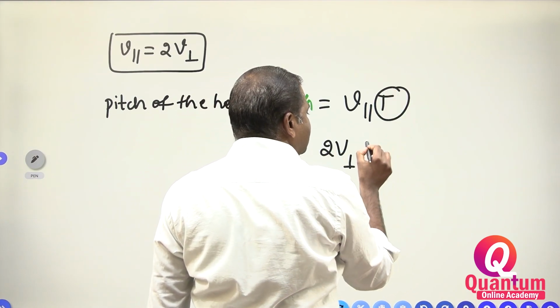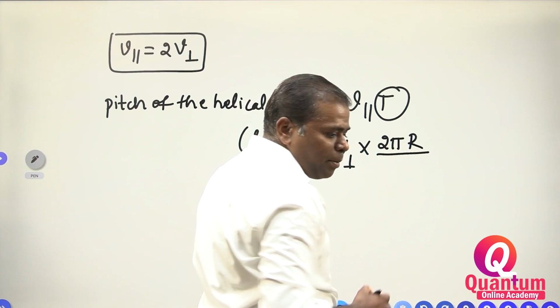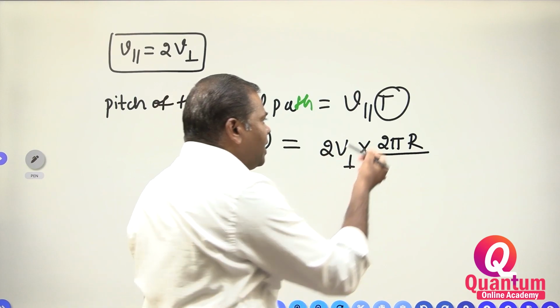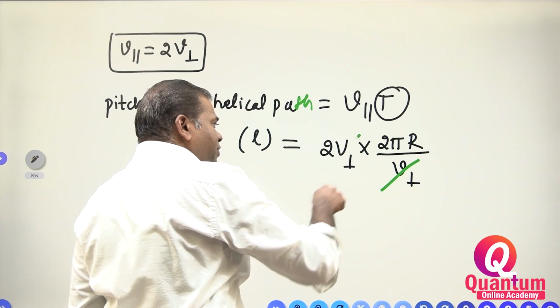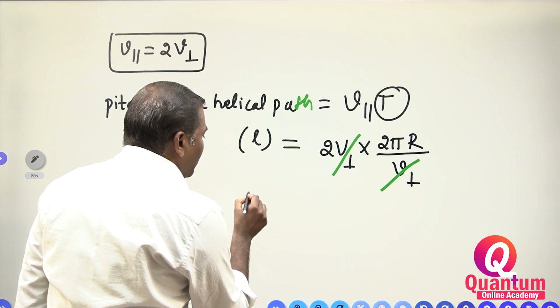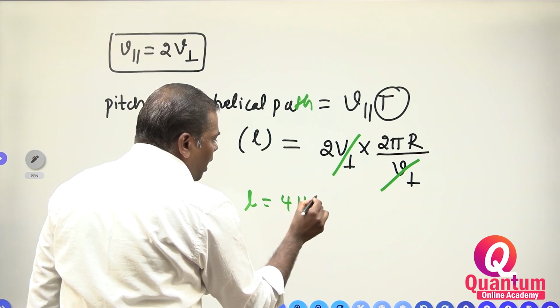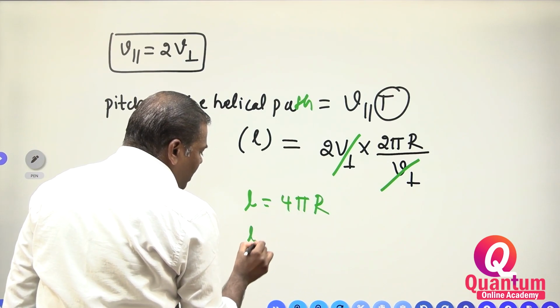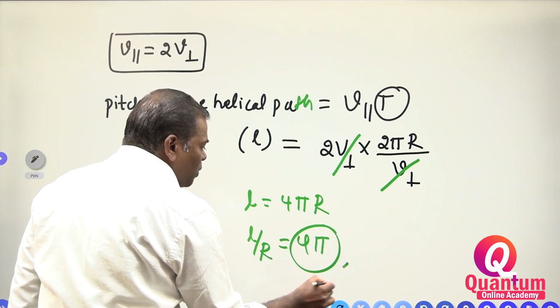The time period is equal to 2 pi r, the circumference, divided by V perpendicular. V perpendicular gets cancelled. Therefore, L is equal to 2 into 2 pi r, that is 4 pi r. What they are asking? L by R is equal to how much?